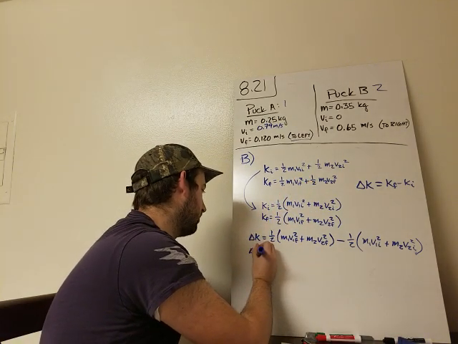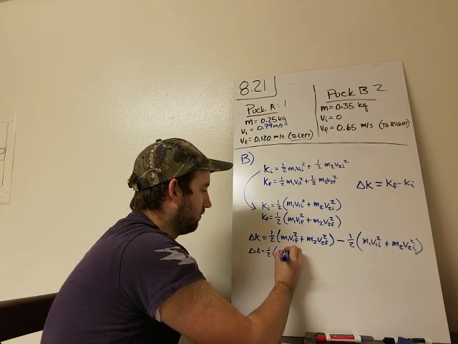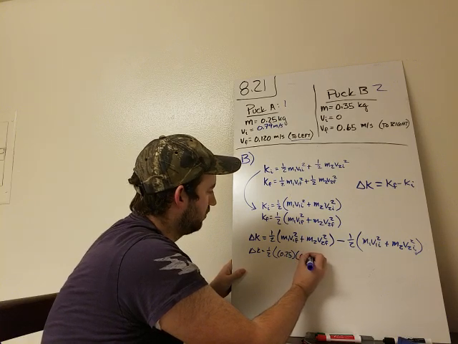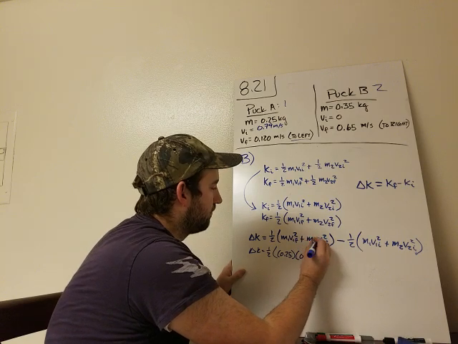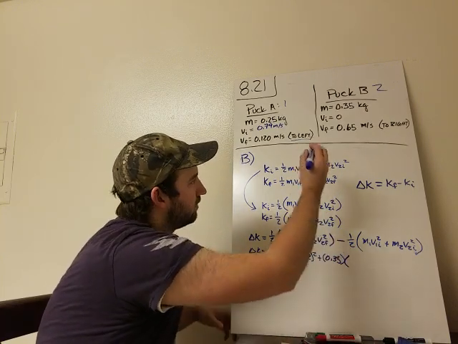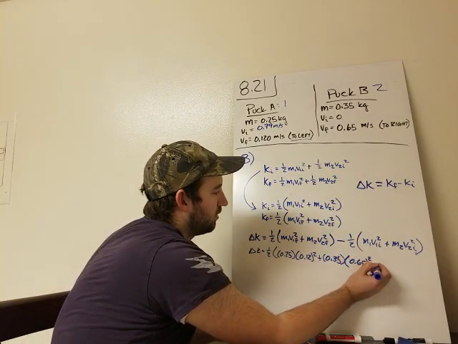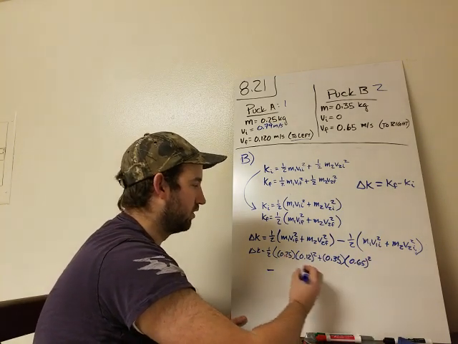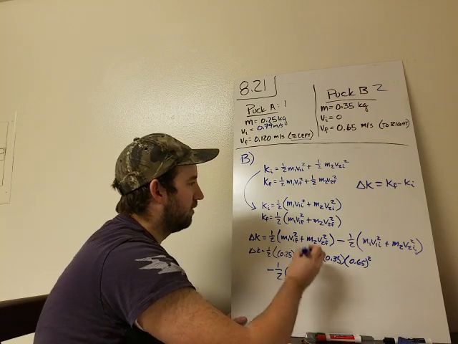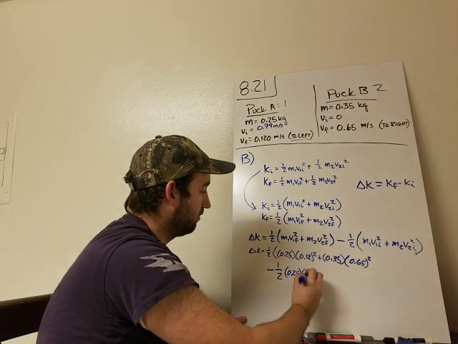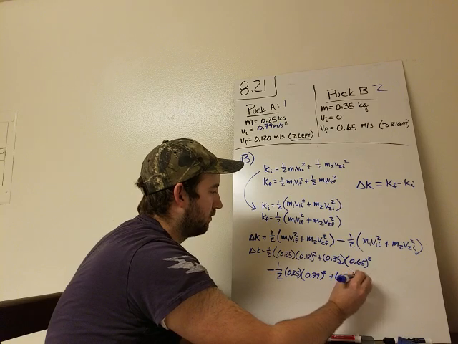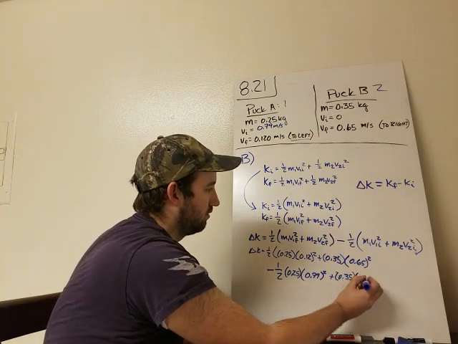So delta K equals 1/2 times 0.25 times the final velocity of a, which is 0.12, squared, plus the mass of b, which is 0.35, times the final velocity of b, which is 0.65, squared, minus, using another row because this is really long, m1, so once again 0.25, times v1 initial, which we found in part A, which is 0.79, squared, plus 0.35 times our initial, which is just 0, squared.